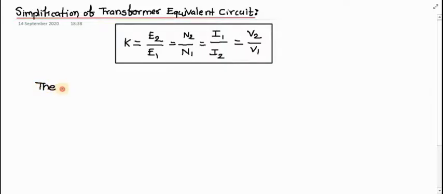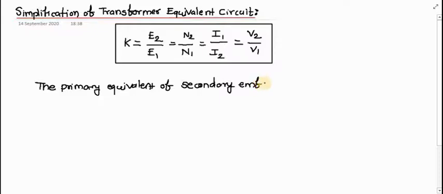So if K is the transformation ratio of the transformer, then I can write the primary equivalent of secondary EMF E2. If my E2 is transferred from the secondary side to the primary side, then I will denote it with E2 dash.